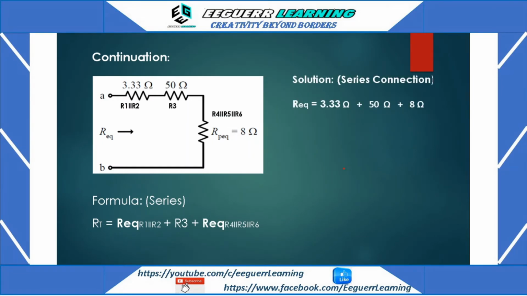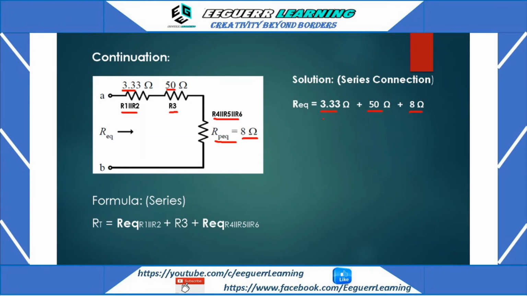So replacing the values, for R1 and R2 it is 3.33 ohms. And for R3, we have 50 ohms, plus the R equivalent for R4, R5, and R6, which is 8 ohms.